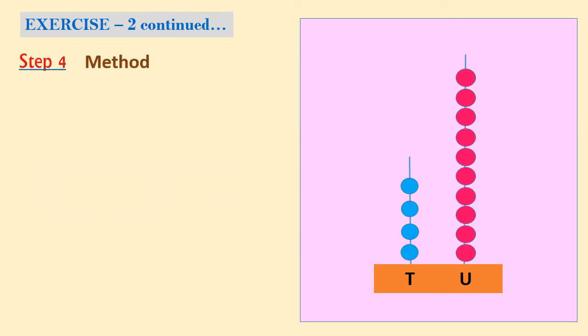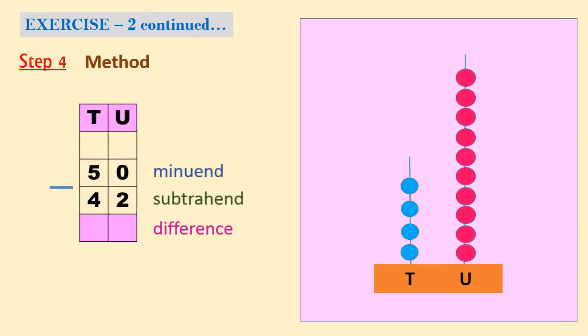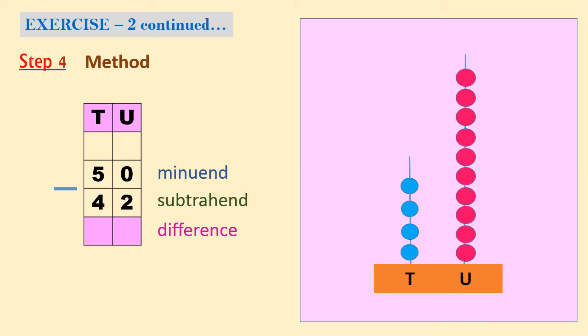Arrange the numbers vertically and subtract. 50 minus 42. The bigger number from which we subtract is called minuend. The number which gets subtracted from minuend is called subtrahend. And the answer after subtracting the numbers is called difference.